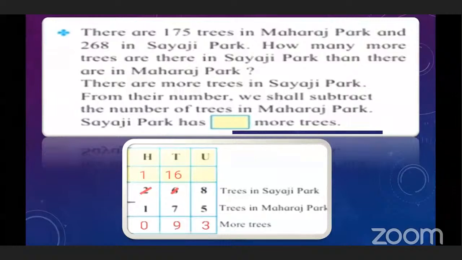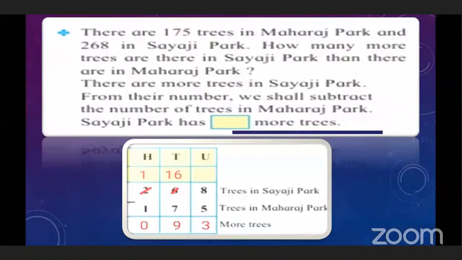Okay, students. So here we are going to solve this word problem. There are more trees in Sayaji Park. From their number, we shall subtract the number of trees in Maharaj Park. Here you can see that in Sayaji Park there are 268 trees, and in Maharaj Park there are 175 trees.